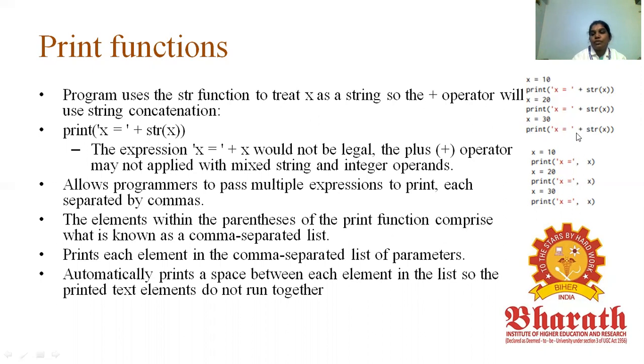If you wish to use plus, you had better convert the given integer into a string and display. If you don't want to use plus, the best way is to use the comma separator, then x. So in this example, it directly displays x is equal to 20.